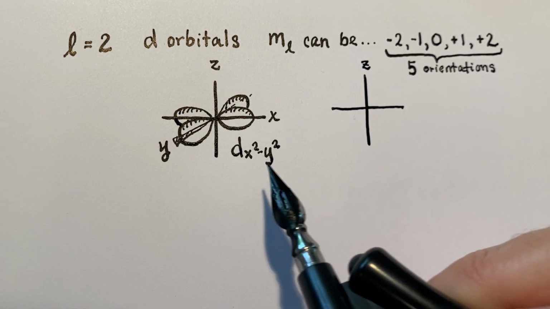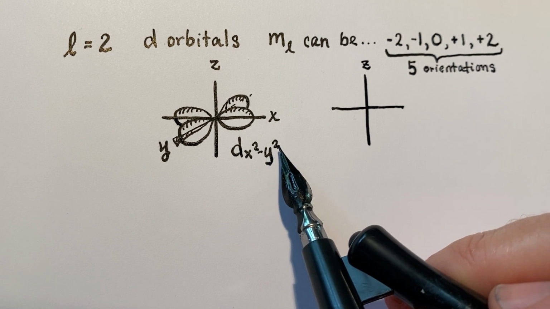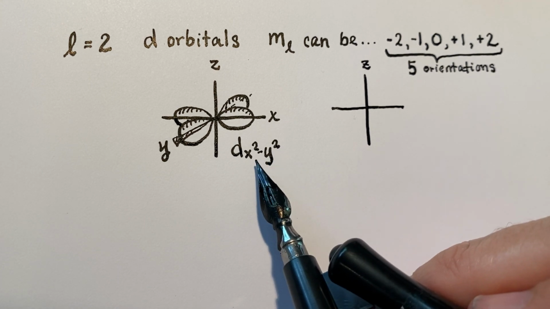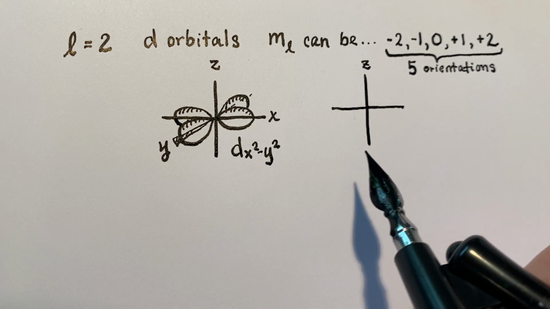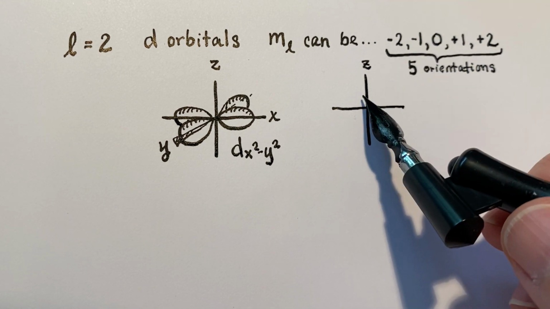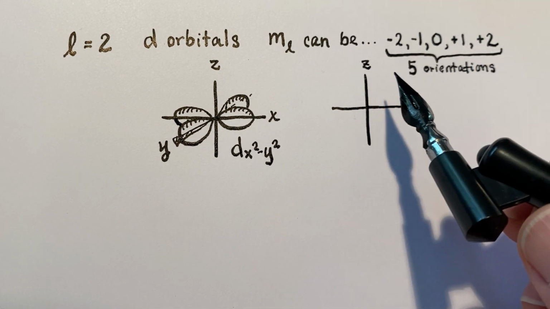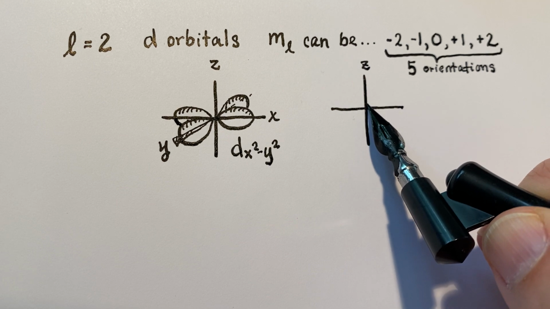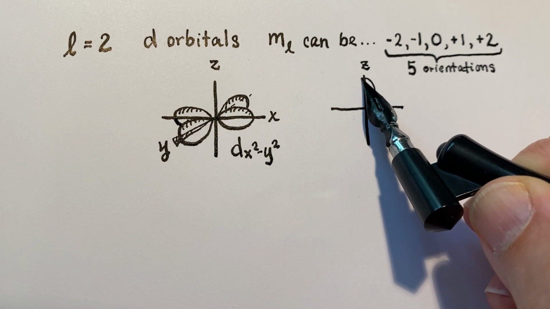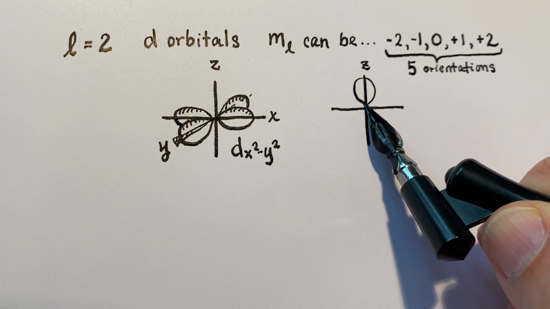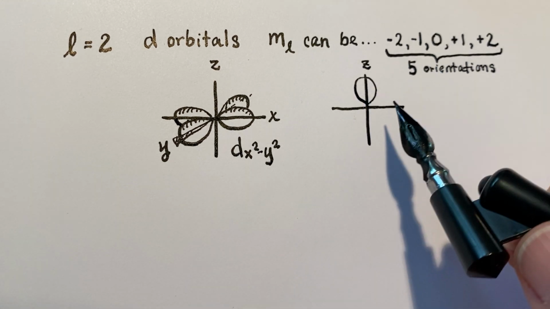Okay, so here we saw x squared minus y squared. The dz squared, you see z's left out here, so the dz squared is going to be lying mostly on the z-axis. So here's one of the lobes that's on the z-axis.